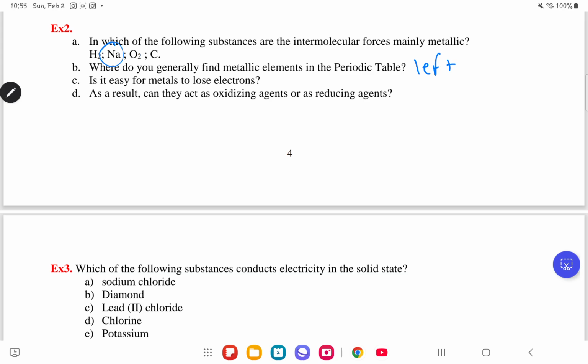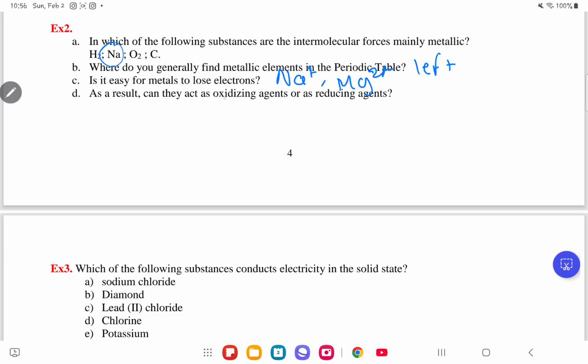Now, is it easy for metals to lose electrons? Very simply, yes. Why? Because we have Na+, we have Mg2+, so they are losing their electrons. It's easy because usually they have a few valence electrons in their shells, and this allows them to lose their electrons so they can attain the noble gas configuration.